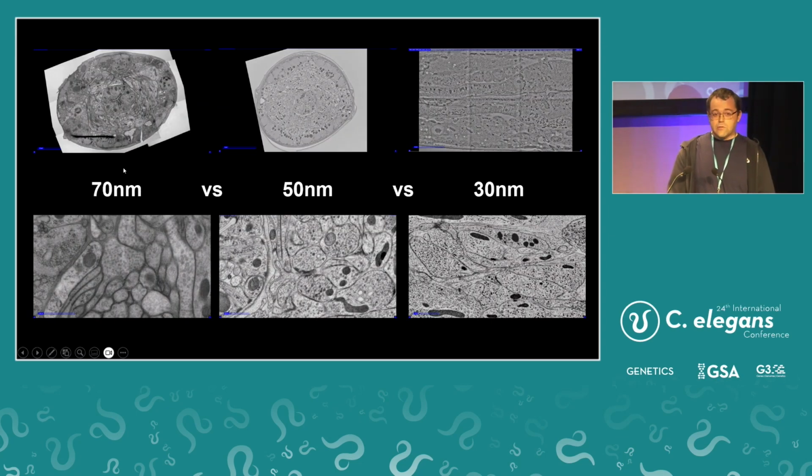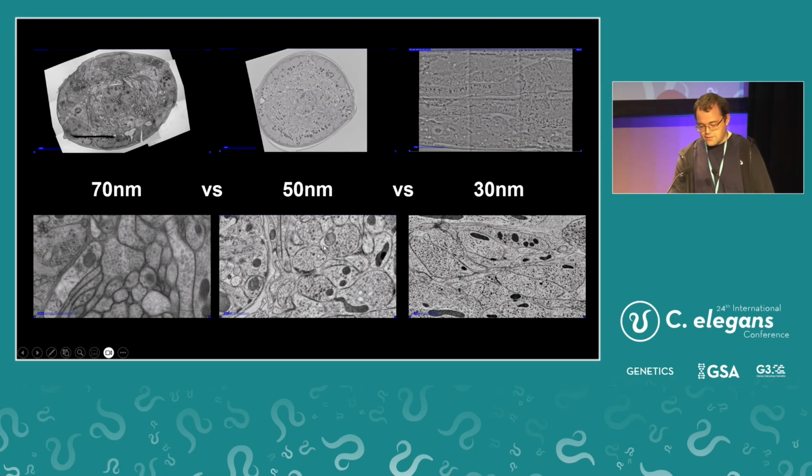So one more consideration when you're starting your experiments is to think about what kind of thickness you need in your sections. So when we started, we tried to use 70 nanometer sections to map connectivity in the nervous system. And this ended up being quite tough because we have 30 nanometer vesicles, so in one section you can have 2 vesicles on top of each other, and it's kind of hard to map the connectivity like that.